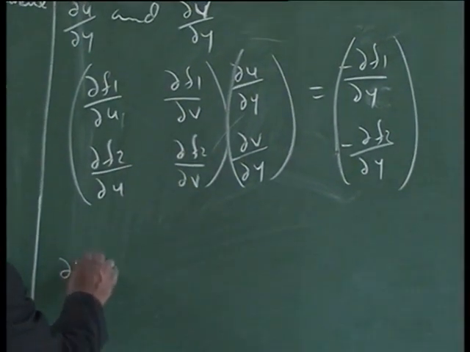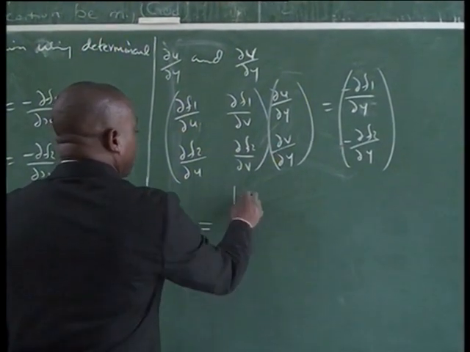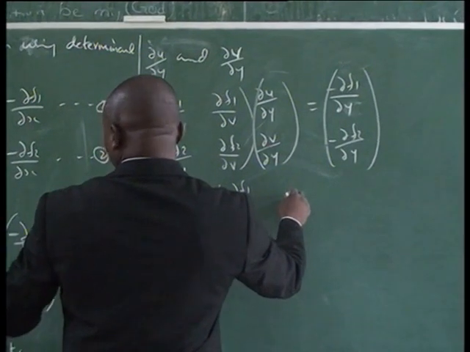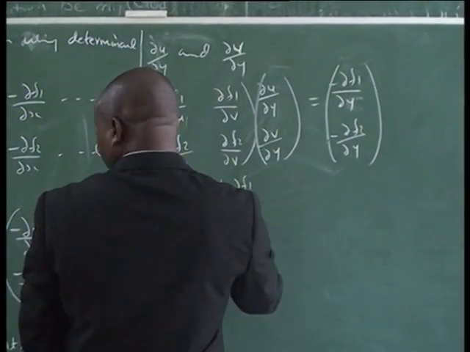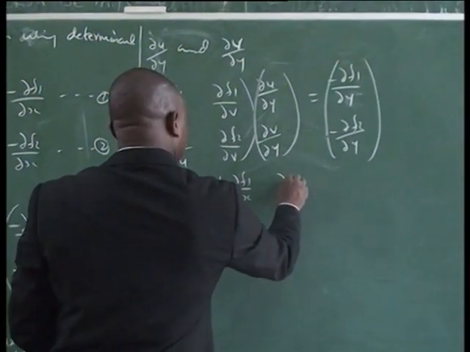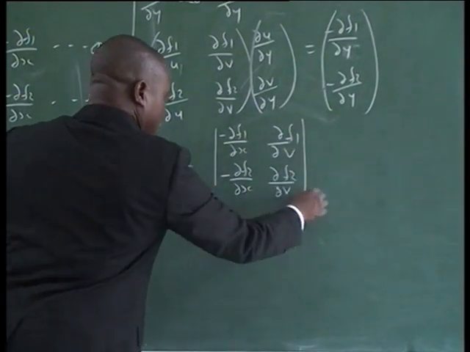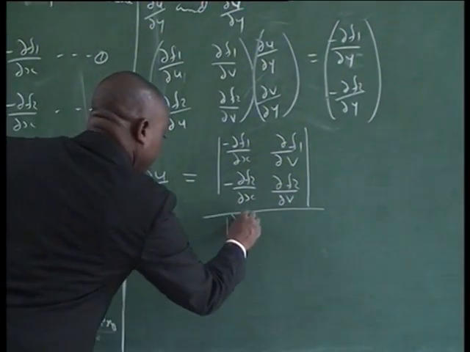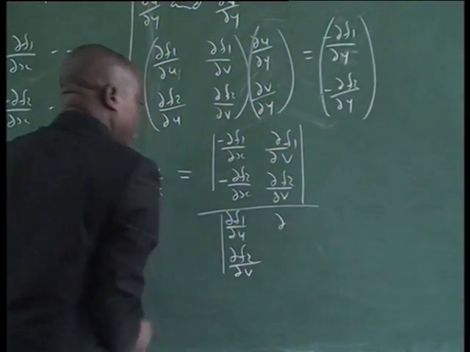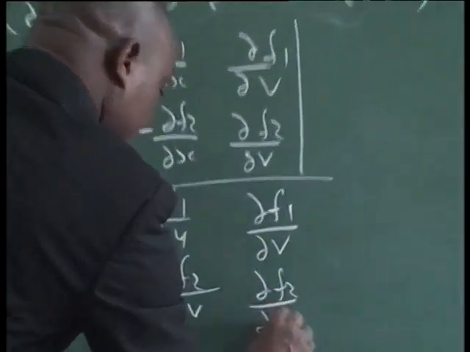So that partial u partial x, now see, partial u partial x will be equal to the determinant of minus partial f1 partial x, minus partial f2 partial x, then partial f1 partial v, partial f2 partial v, divided by the determinant partial f1 partial u, partial f2 partial u, partial f1 partial v, partial f2 partial v.